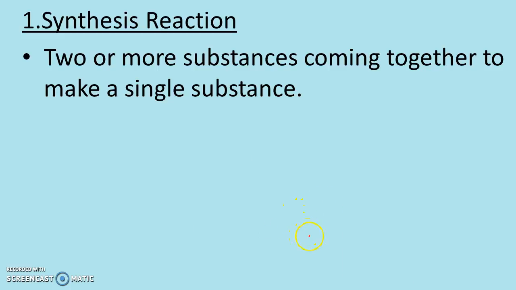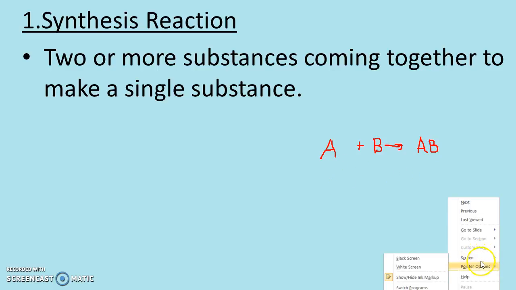So let's say we have element A reacts with element B. It's going to yield compound AB. So in a synthesis reaction, two things become one thing.